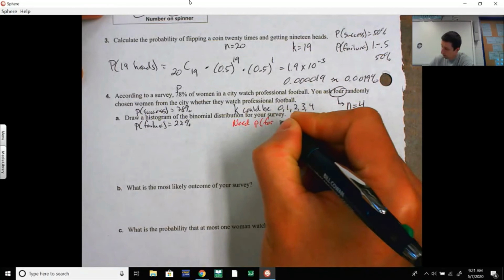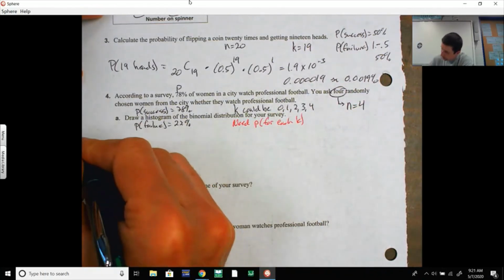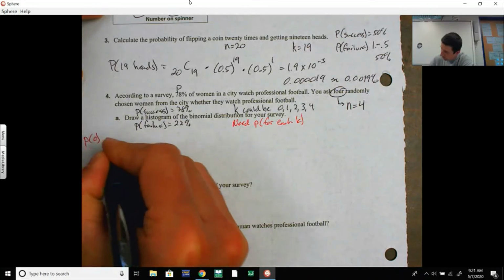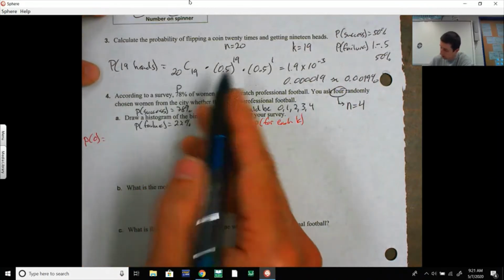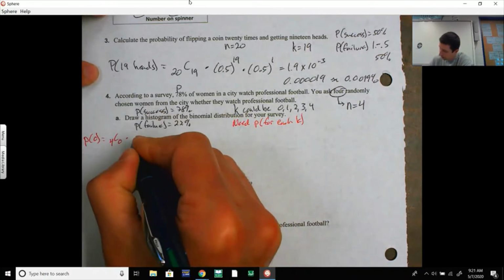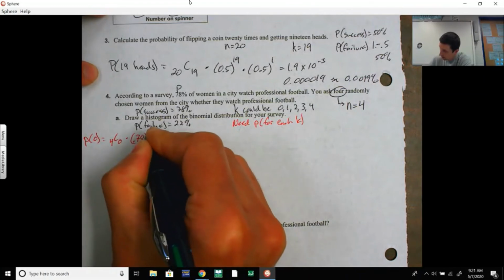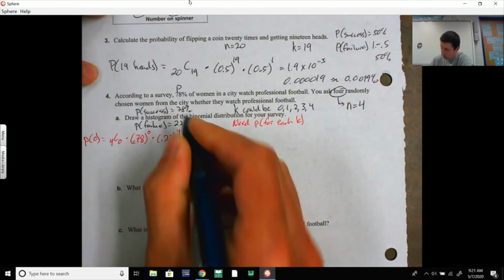So we have to figure out the probabilities for each of these Ks. So let's say we want the probability of 0. We're using this formula again here. So we have 4 choose 0 times 0.78 to the 0 power times 0.22 to the 4th power.